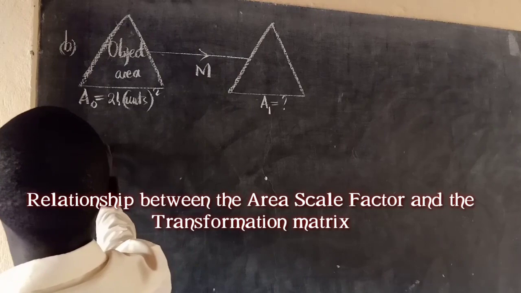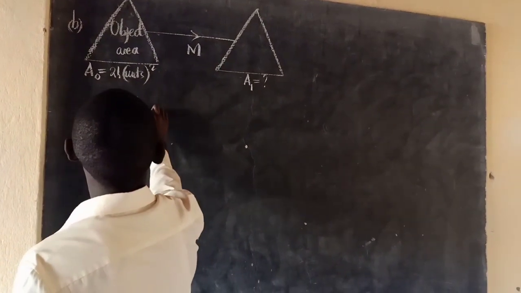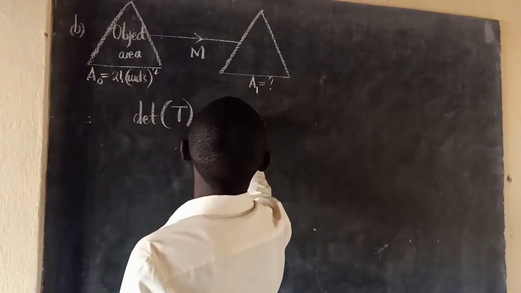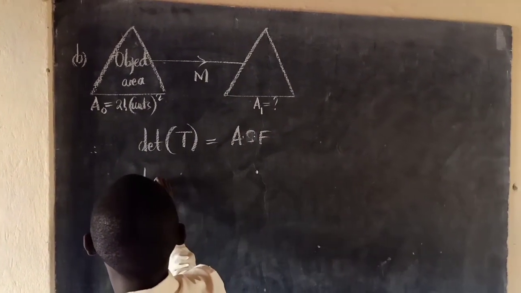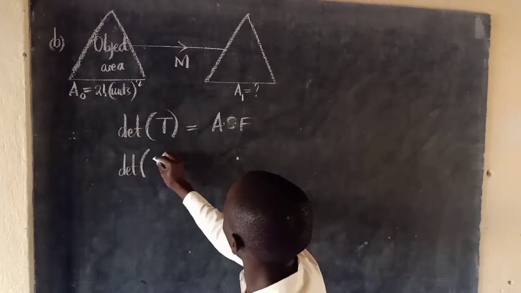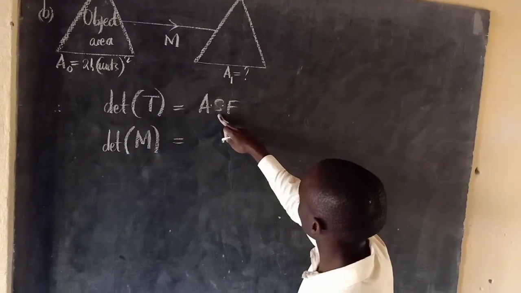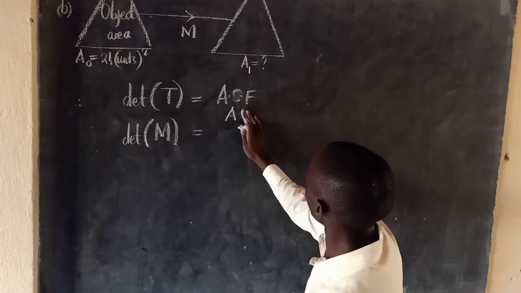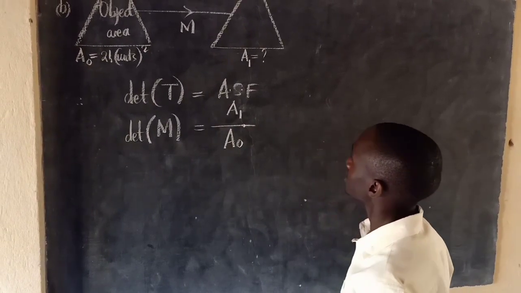The relationship I mentioned in the introduction in this episode states that the determinant of the transformation matrix is equal to the area scale factor. The determinant of matrix M is equal to the area scale factor, the ratio of the area of the image, A1, over the area of the object.